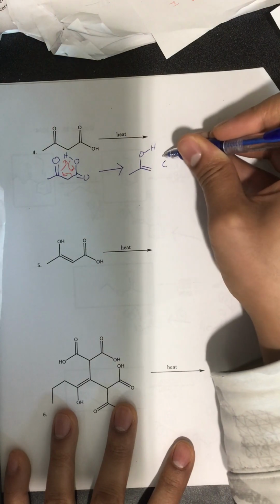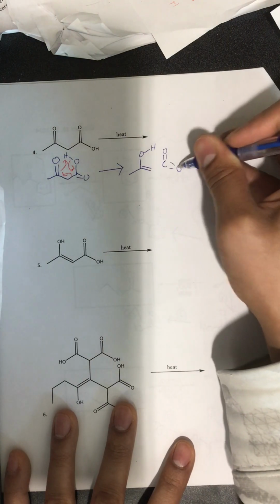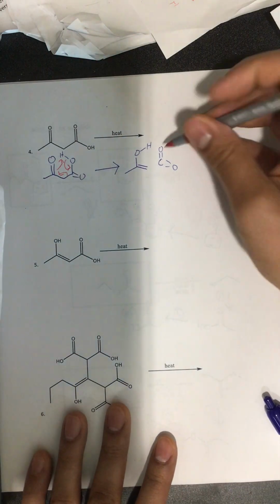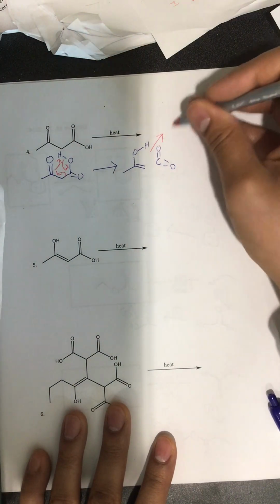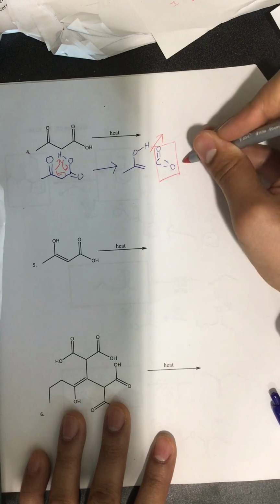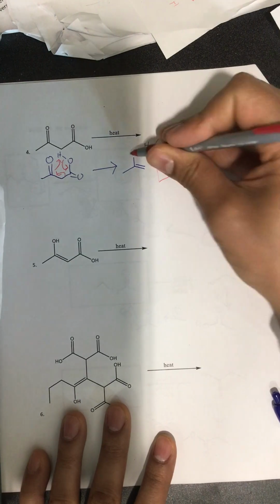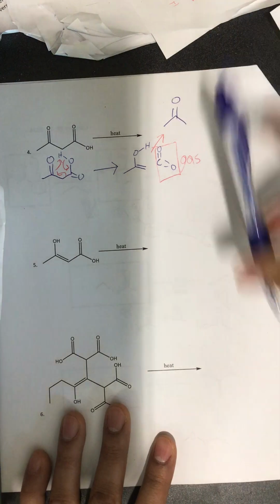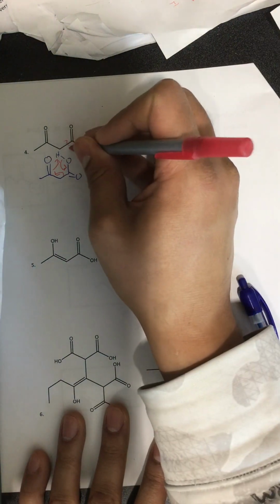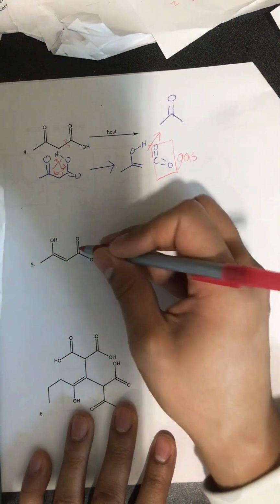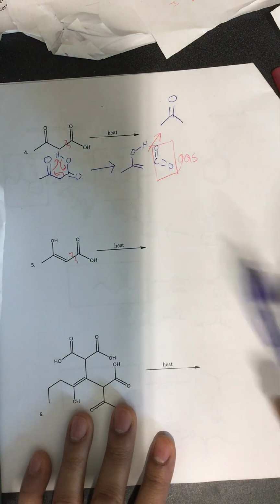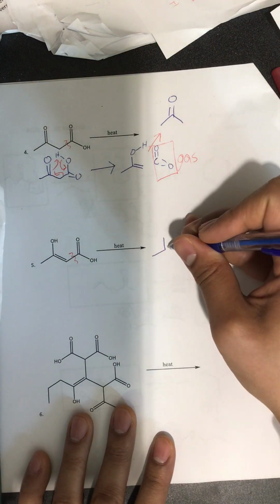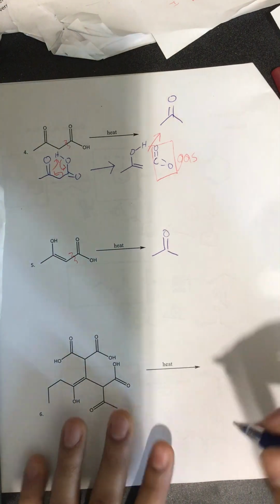I just follow the arrows, and I don't move any of the atoms. You get to this. And then this is going to tautomerize. So this is a gas. This is going to tautomerize to make this. Or the net result is basically you chop this. Because you have tautomerization, you can also do it if you're in the enol form. So this would just be this for the final product.